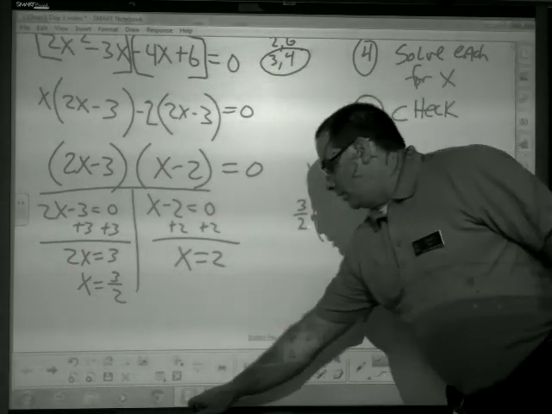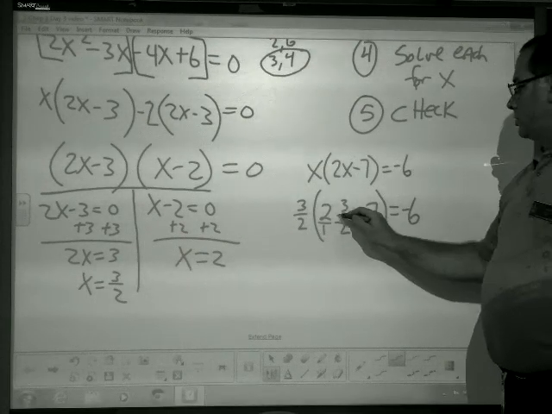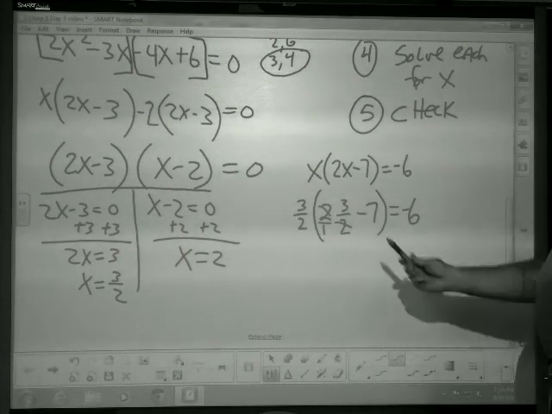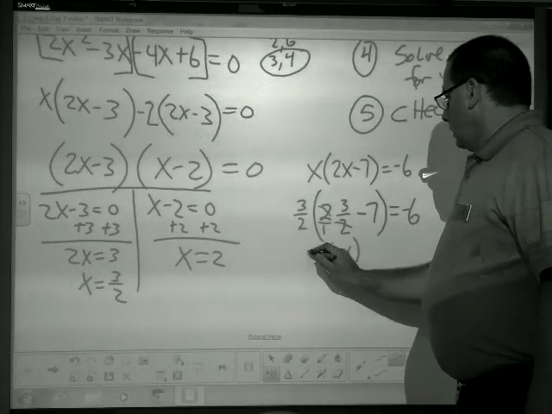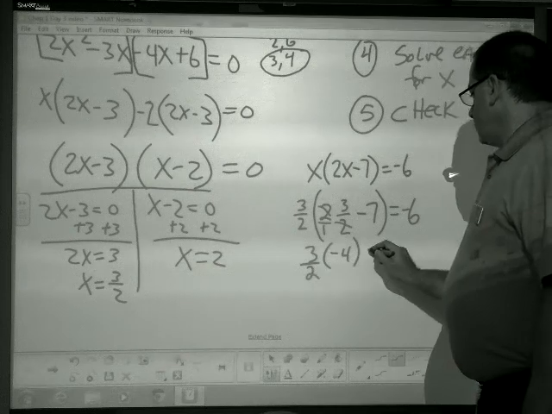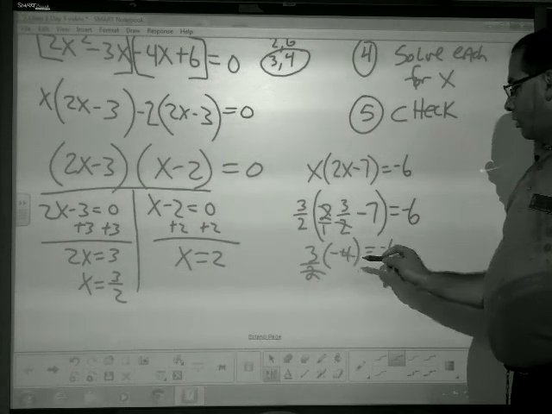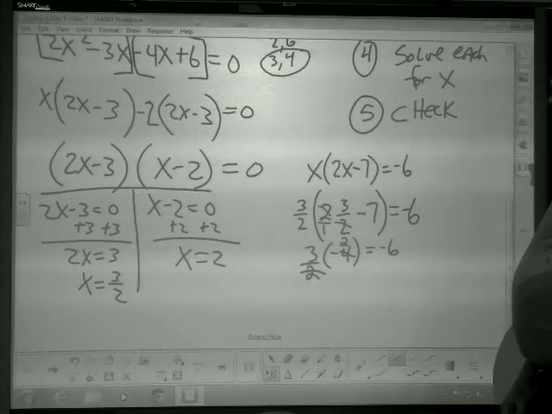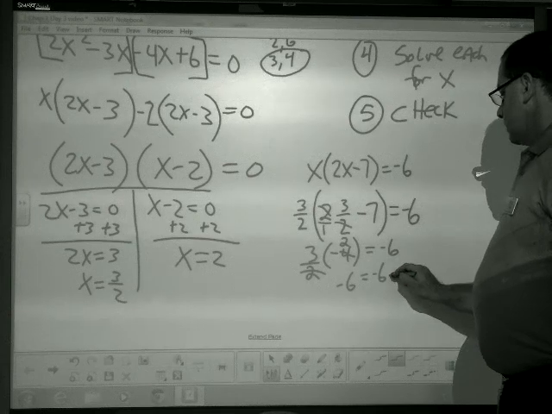Well, if you remember a little bit about multiplying fractions, this is really like 2 over 1. So these 2's reduce. 3 take away 7, that's -4. And 3 over 2 times -4. Well, 2 and -4 reduce down to a -2. 3 times a -2 is a -6. That equals -6. Check.